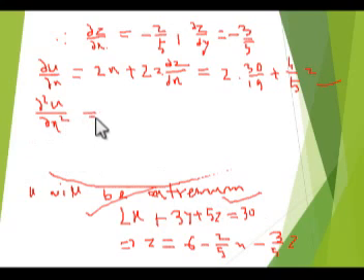It will be 0, and this will be 4 by 5, and again del z by del x. This will be, if we put these values, minus 8 by 25.